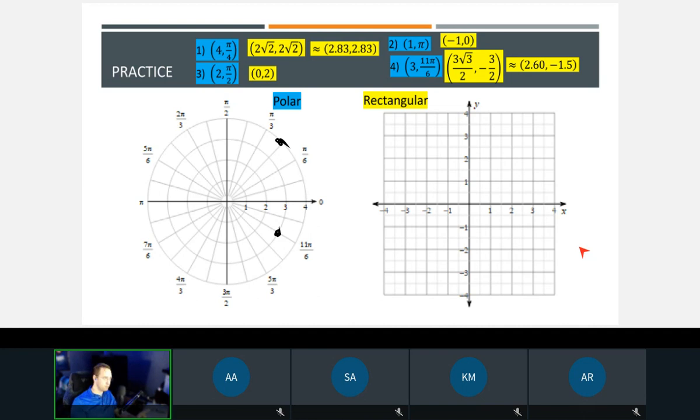Emily, number 1 rectangular. All right, another volunteer. George, number 2 rectangular. All right, Naya, number 3 rectangular. Okay, Antonio, number 4 rectangular.